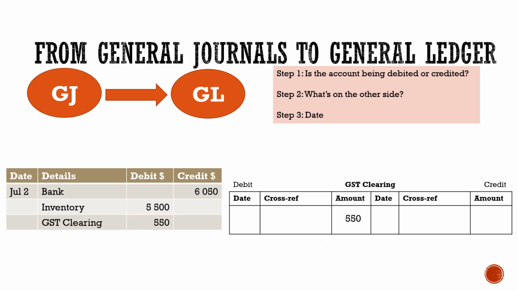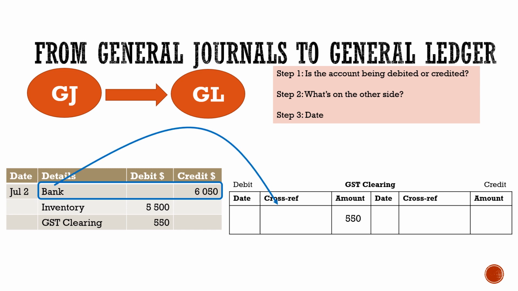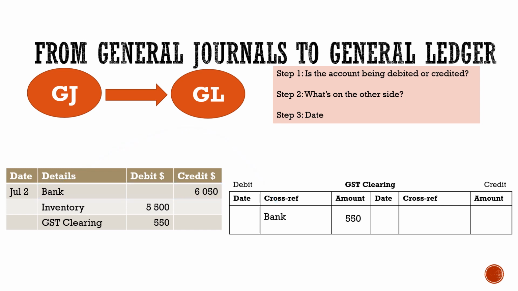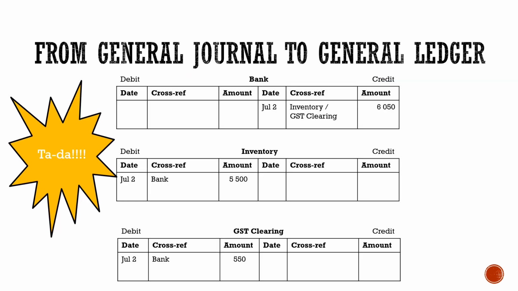Step 2, what's on the other side? We can see that the bank was credited. And so, in the GST clearing account, in the cross-reference, we record bank. Lastly, we record the date, which is the 2nd of July. This is how the general ledger looks after the general journal has been posted to their respective ledger accounts.